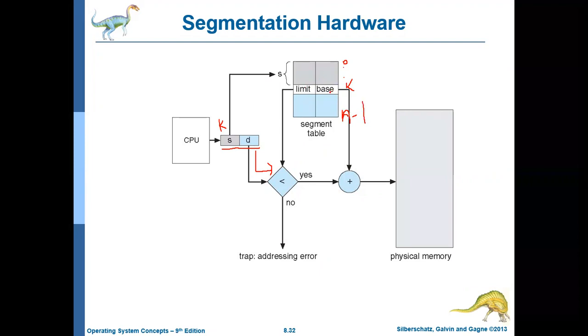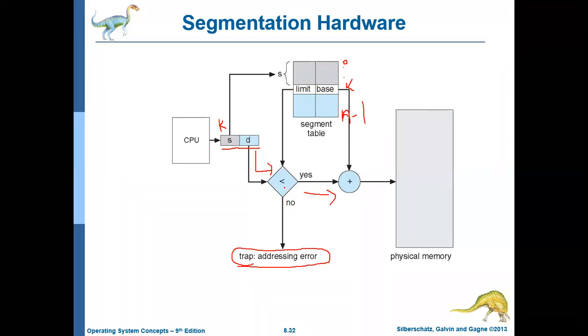For the kth segment, take the limit and check whether d is less than the limit or not. If it is less, then go to the next step. If it is not, then create a trap. That is a hardware error which says it is an illegal memory access. D is nothing but the offset.